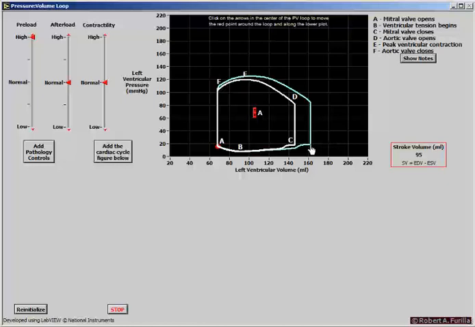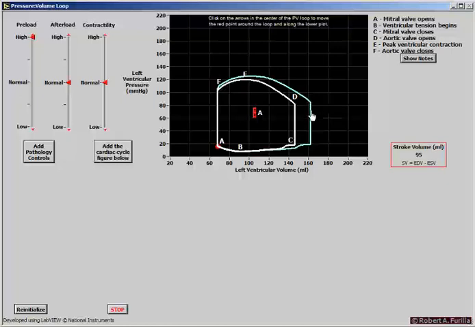Notice that the increase in preload, which brought our end diastolic volume to 160 plus, led to an increase in contractility, thereby ejecting all of the blood that it would have, plus this increase in blood that entered the heart.